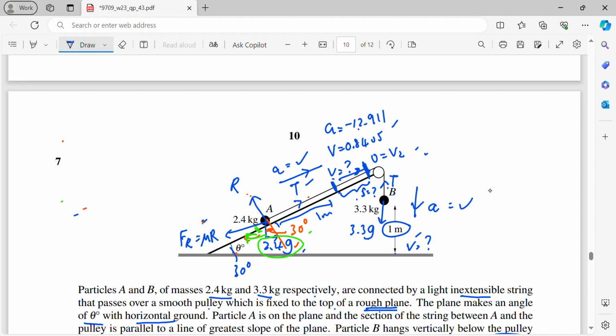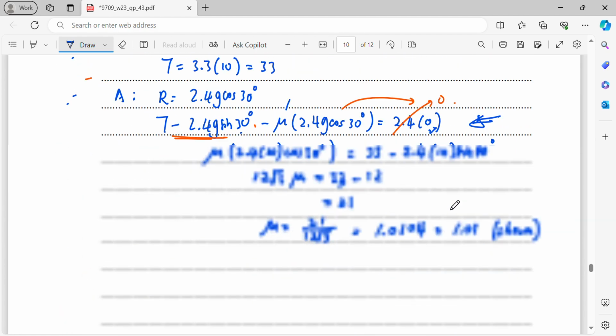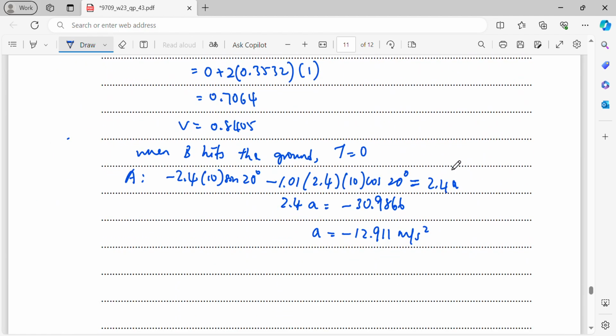To find the S with the U and A, I can just use V squared equals U squared plus 2AS. My V is 0 because it comes to rest.